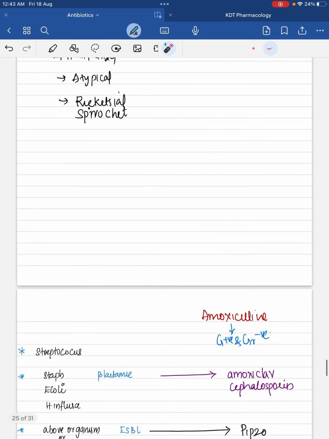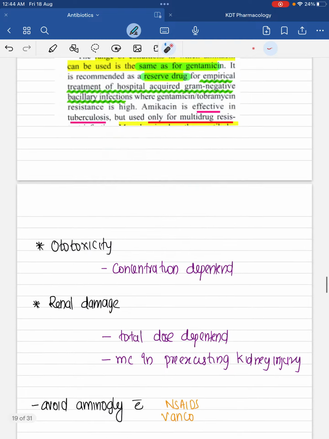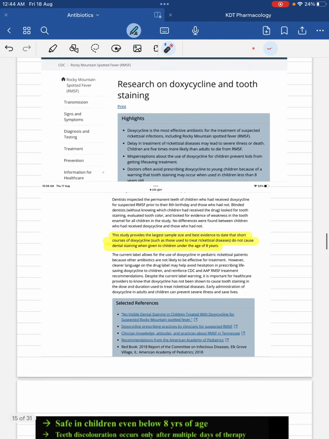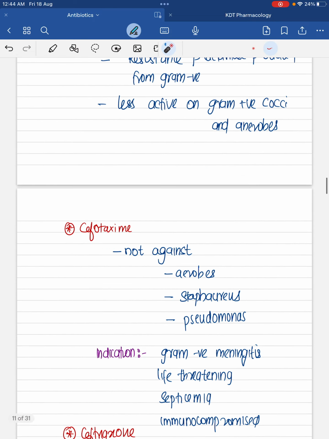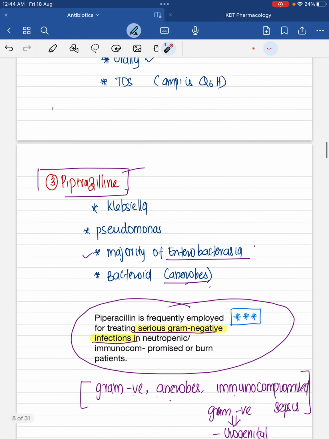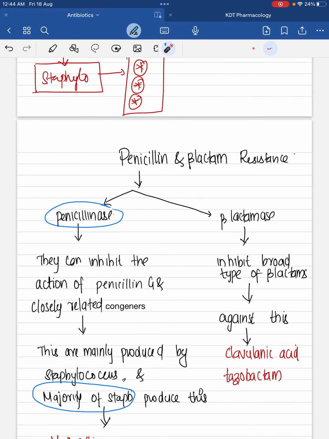So now we know about two types of beta lactamase. We will be going back to that. See this.